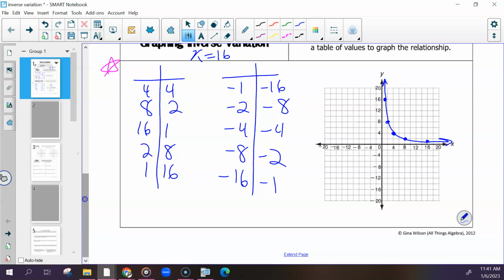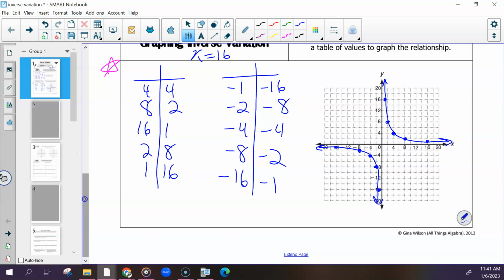And graph those as well. So it kind of makes that same curve, but now it's flipped. And you can connect those, draw lines through them. This would be your inverse variation graph.